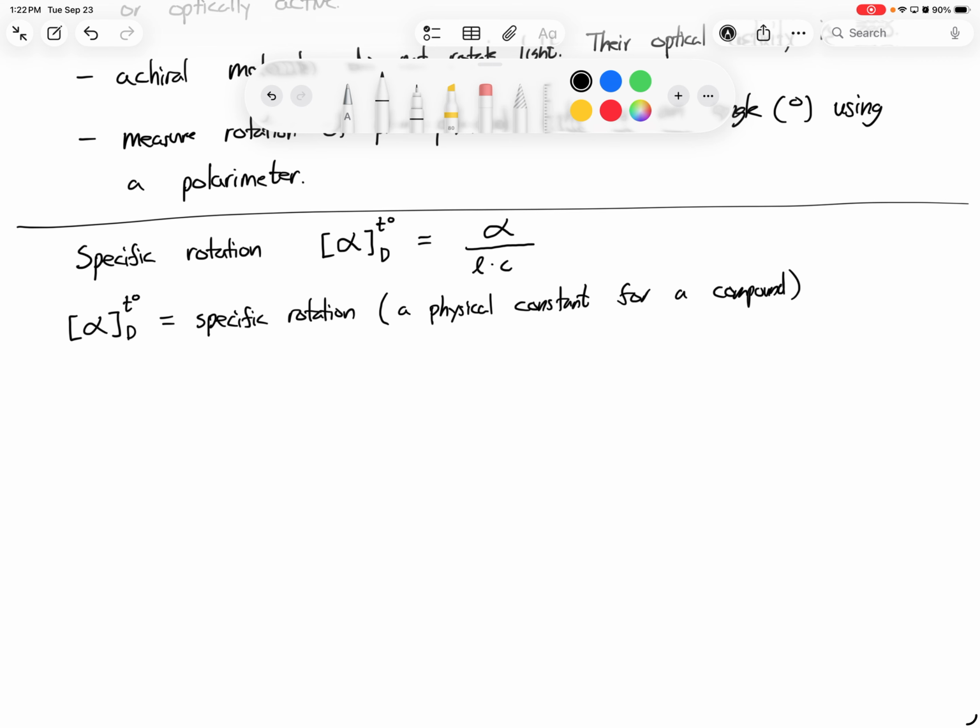All right. So in this notation, the letter D stands for the wavelength of a sodium lamp. In this case, it refers to the sodium D lines, each of the lines in the emission spectrum.